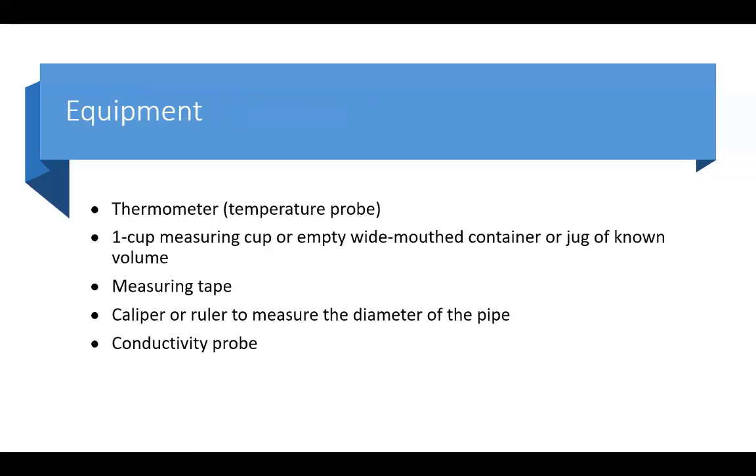In order to do this, you will need your temperature probe. You'll need a 1-cup measuring cup or an empty wide mouth container or jug of a known volume, some measuring tape, a caliper or ruler to measure the diameter of your plumbing, and the conductivity probe.